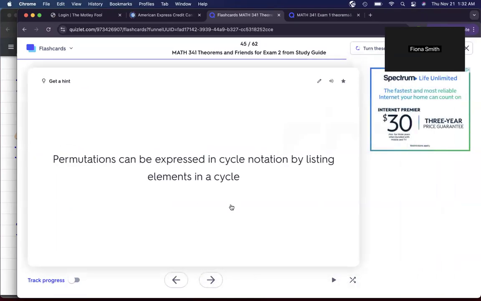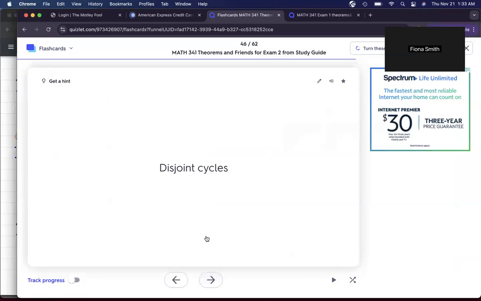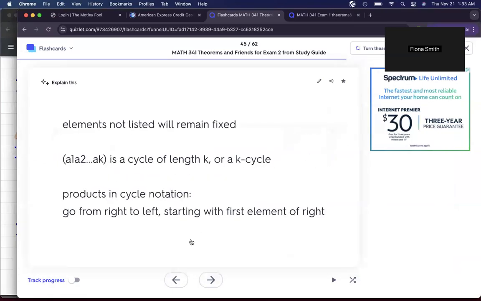So permutations, as you can see, can be expressed in cycle notation by listing elements in a cycle. Elements not listed will remain fixed, like 3 and 6 in that last example. If you had a permutation (a1 a2 ... ak), that's a cycle of length k, or a k-cycle, since there are k many elements in that cycle.